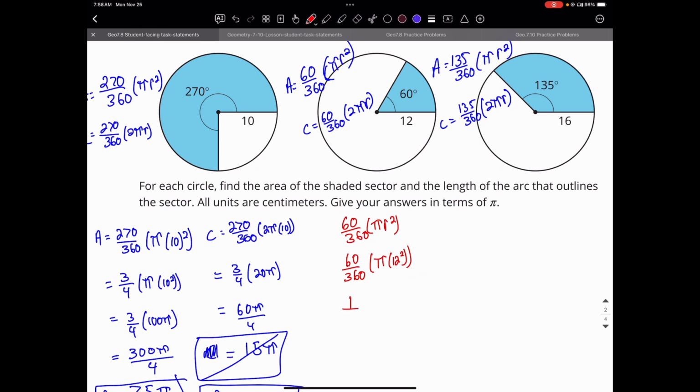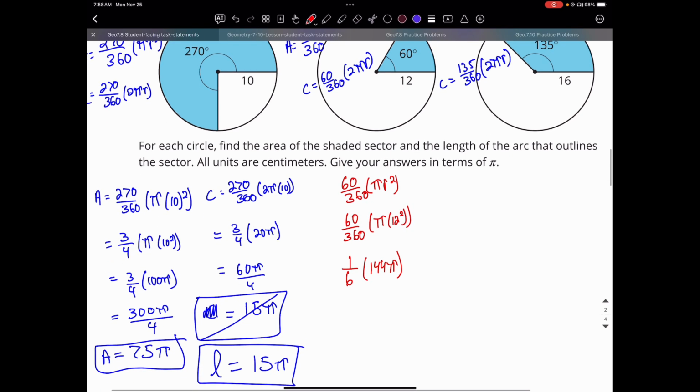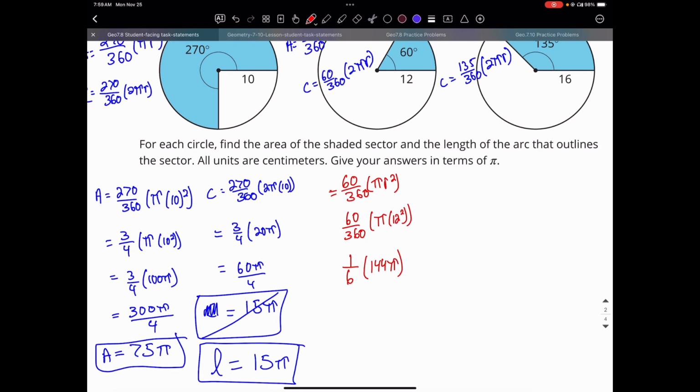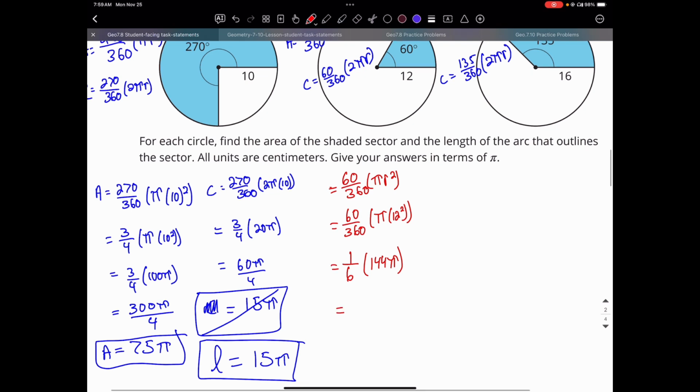This becomes 1/6. 12 squared is going to be 144 pi. I know I work so fast sometimes I just forget to put my equal signs. So that would be 144 pi over 6, which is going to simplify to 24 pi, right?